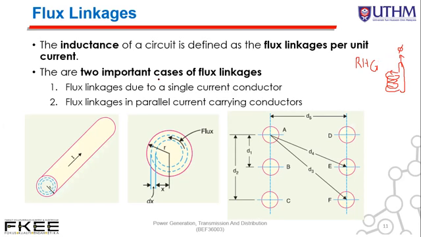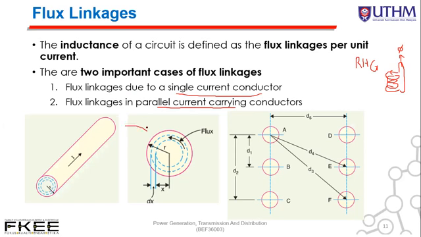So there are two important cases of flux linkage: flux linkage due to a single current conductor, and flux linkage in parallel current carrying conductors. Let's take the case of a single current conductor, that is this figure. Only one conductor is used. When current flows, flux linkage is generated around the surface of the cross section of the conductor.